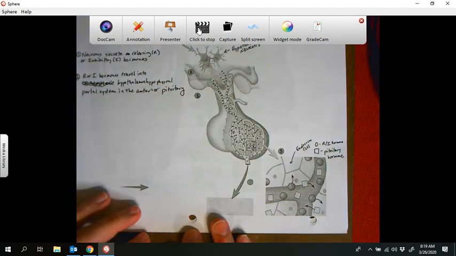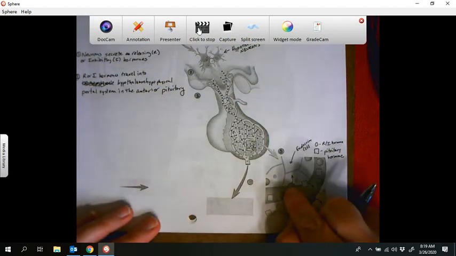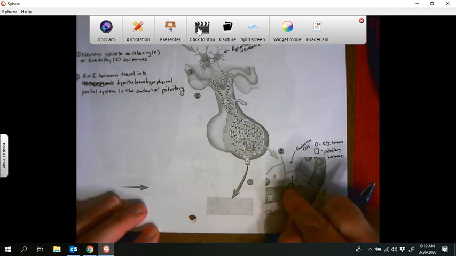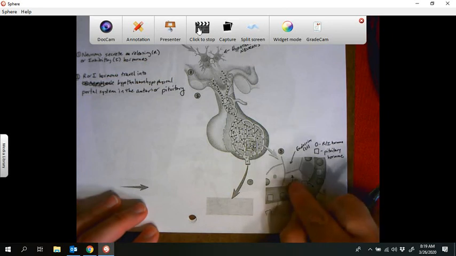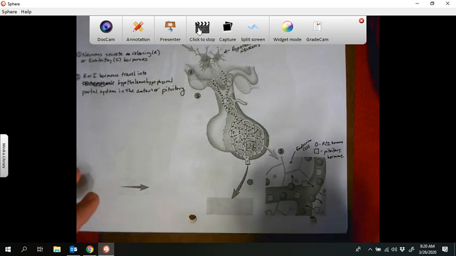So what's going on? You can see that the circles, or the releasing or inhibiting hormones, are going into the endocrine cells, and that can trigger the release of pituitary hormones from the endocrine cells back into the blood vessel.